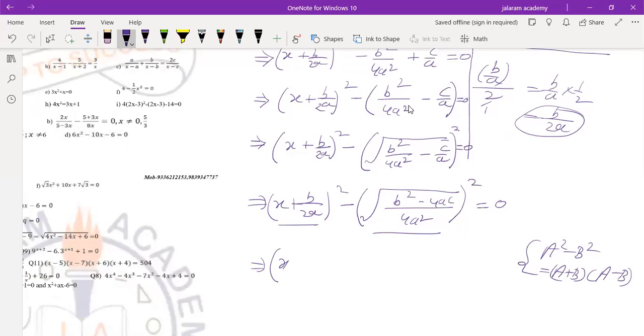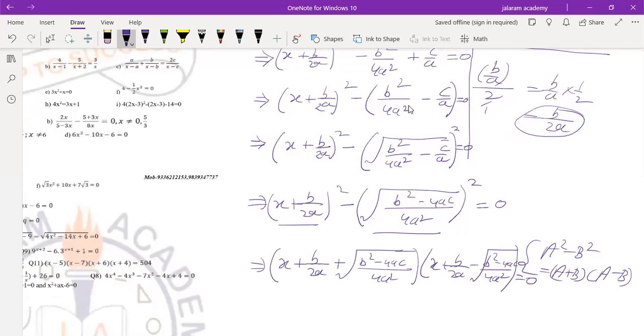So it is x plus b by 2a plus under root b square minus 4ac upon 4a square into x plus b by 2a minus under root b square minus 4ac upon 4a square equals to 0. Understood, everyone?